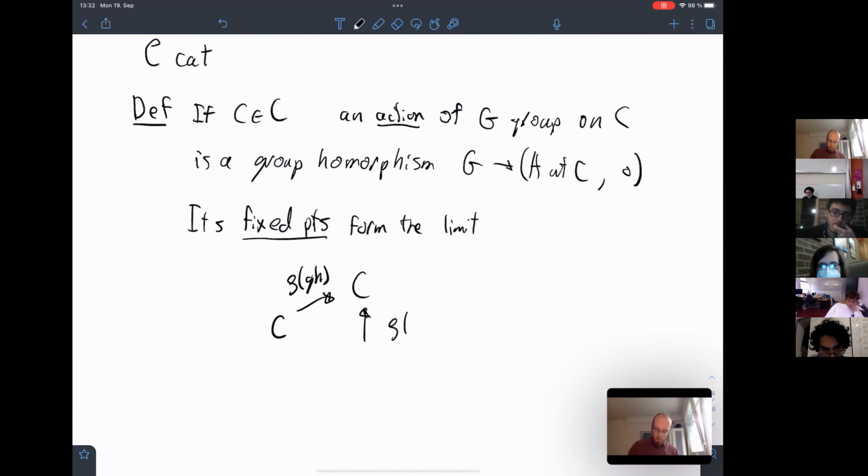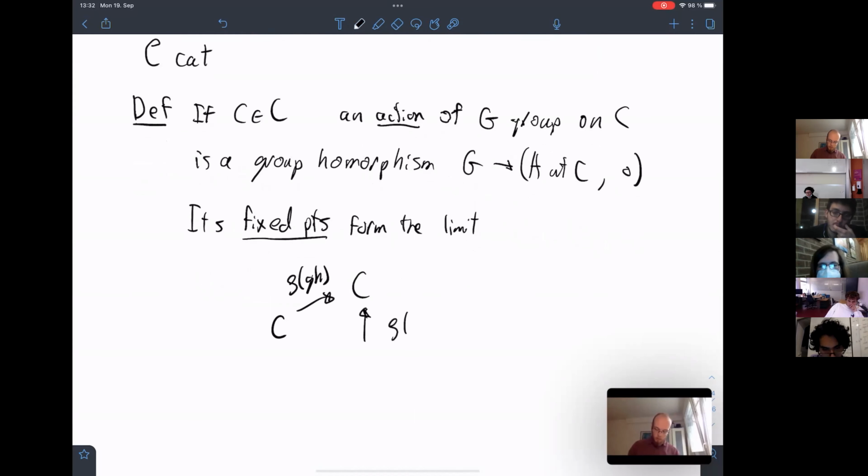And what's a group homomorphism? It's an E1 map of sets. So I'll change that to an E1 map of categories. So it's a monoidal functor to the automorphisms of the category, which form a monoidal category under composition.